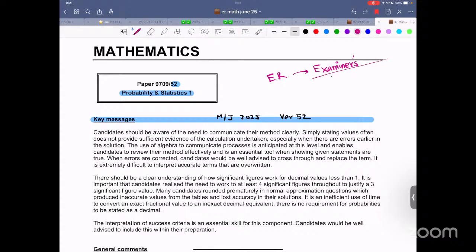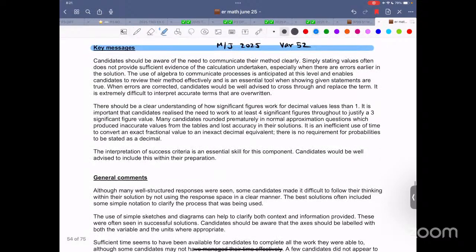So examiner's report, that is the gateway to getting your A star overall in A2 and in your AS level. So this is your gateway. Now, again, let me underline it. So let me grab this. Candidates should be aware of the need to communicate their method clearly.